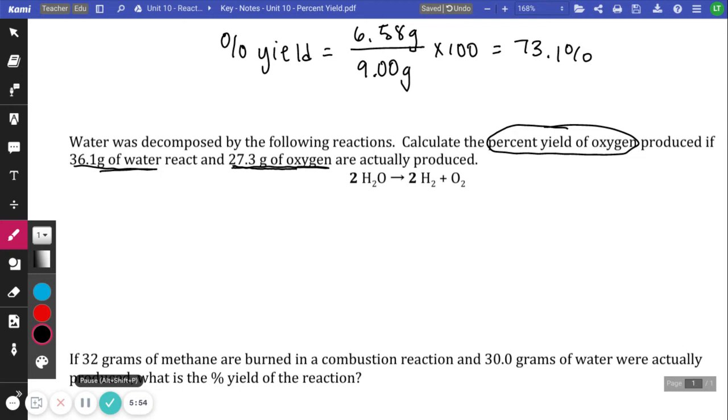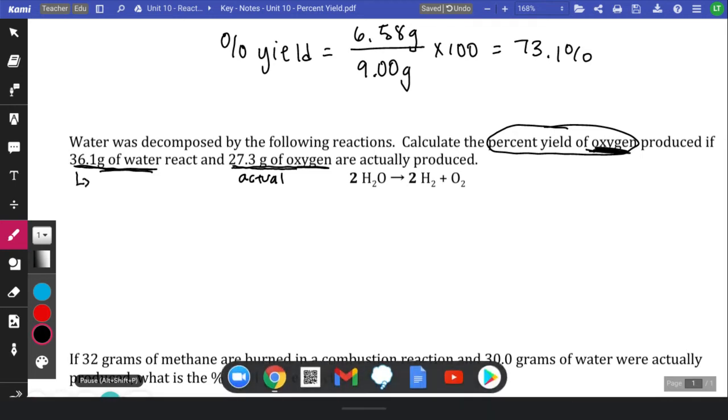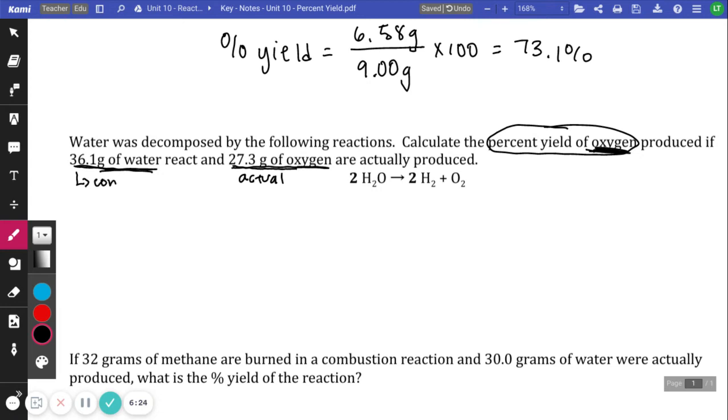Right here we have 27.3 grams of oxygen actually produced, so that does give us our actual. Now, we don't actually have our theoretical here, because we are looking for our percent yield of oxygen, but we're given grams of water. That is not our theoretical. That's how many grams of water reacted. So what we'll have to do is take that and convert it to grams of oxygen.